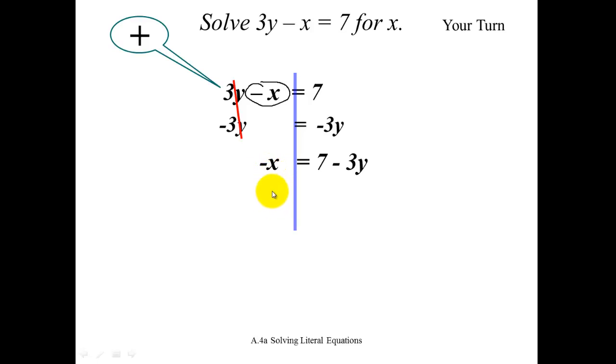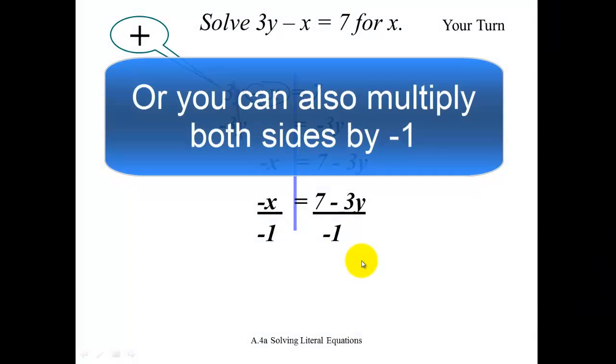We are not yet done here. Note that we need our x to be isolated. We don't need the negative sign here. So what we need to do is to divide both sides by negative 1. So negative x over negative 1 is equal to positive x. Now 7 minus 3y over negative 1.